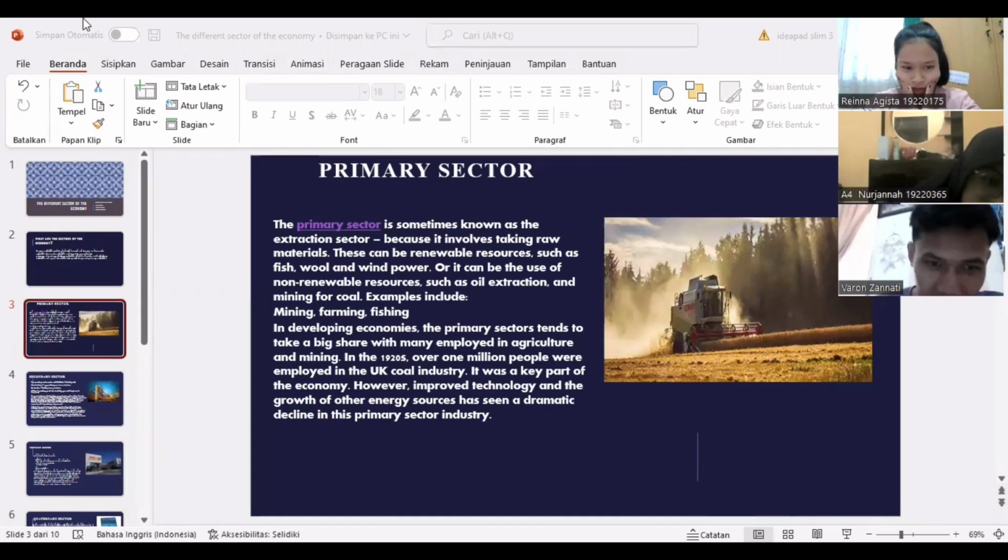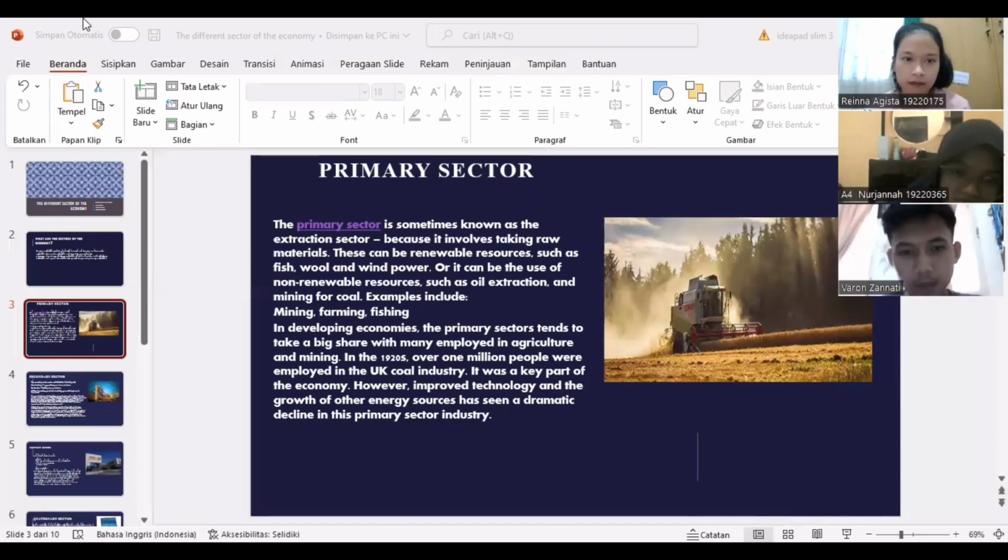In developing economies, the primary sector tends to take a big share, with many employed in agriculture and mining. In the 1920s, over 1 million people were employed in the UK coal industry.